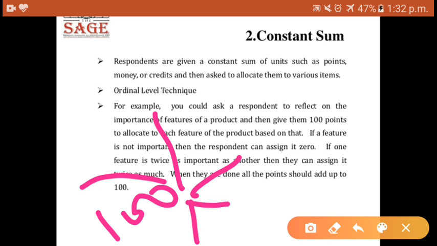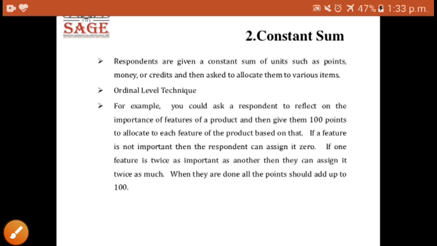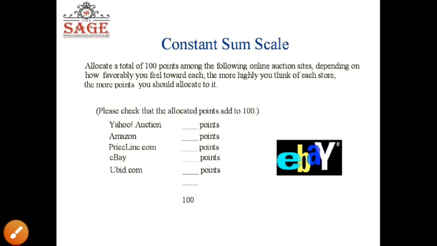At present you want to spend it on medicines, on food, on Netflix also, on fruits also, and on cereals also. So how are you going to divide it into these 5 categories? This is constant sum. Clear?